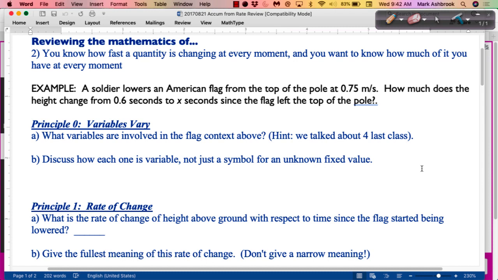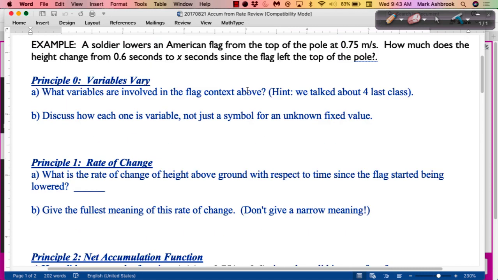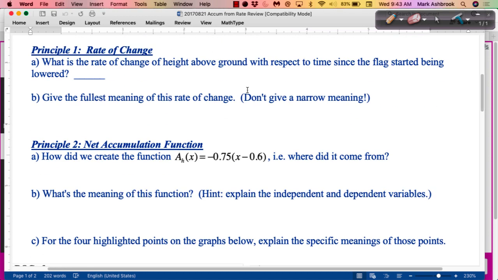So how fast a quantity is changing at every moment. How do we mathematically model that? For instance, the flag example. What is it that we had in the flag example that told us how fast a quantity is changing at every moment?